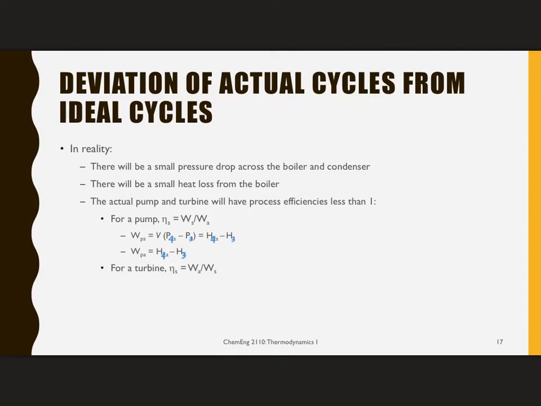We will use the pump efficiency to relate the ideal isentropic shaft work to the actual shaft work for the pump. For a turbine, the relationship is just the opposite. They will not produce as much power as the ideal predicts. So therefore, it's ratios of the delta H, but for the actual, it's going to be delta H actual. For the ideal, it's going to be delta H for the isentropic process.